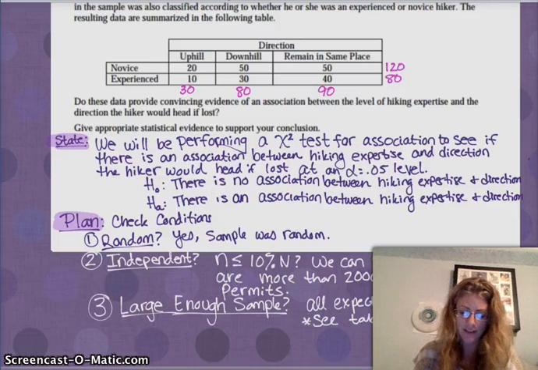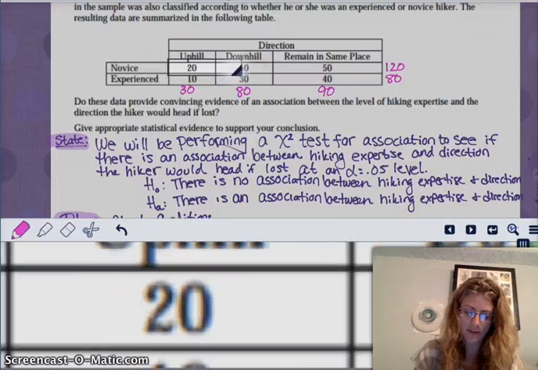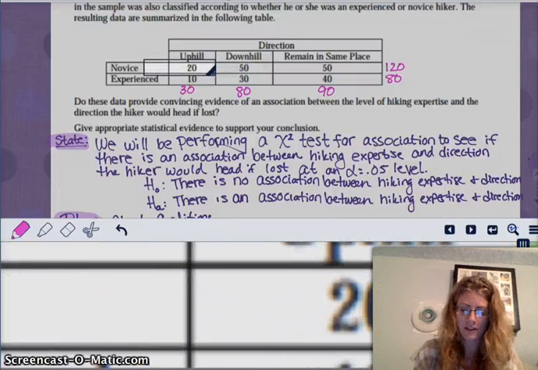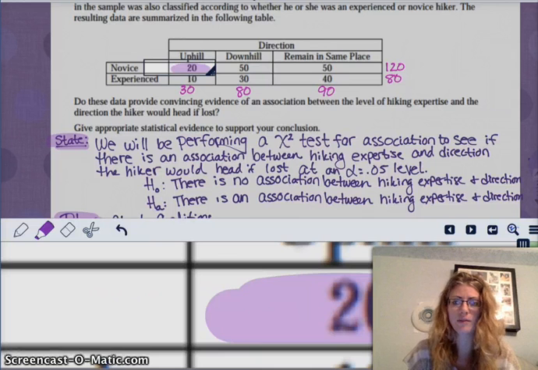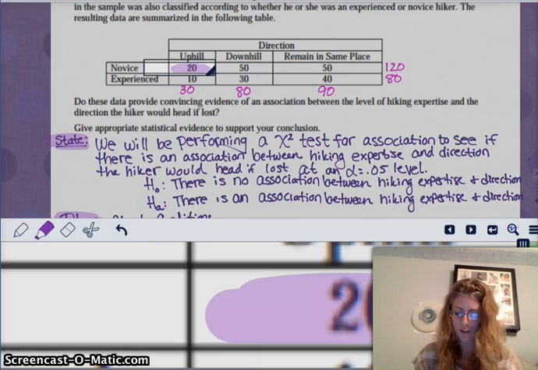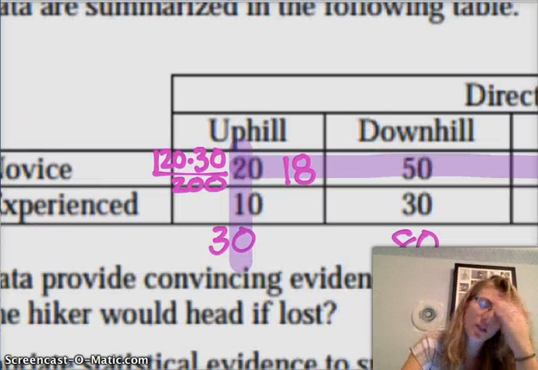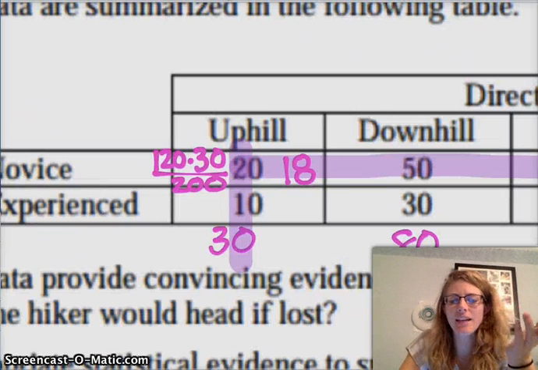So for my novice, with this box, we need to do our row total, which is 120, times our column total, which is 30, divided by our total total, which is 200. So our first expected value is 18.